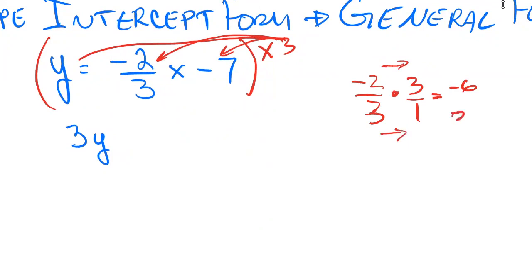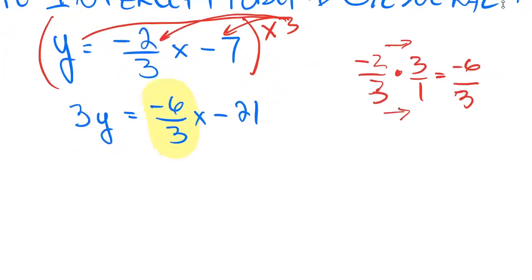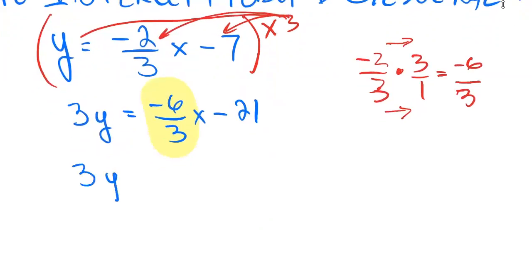So -6/3. So this over here becomes -6/3, x minus 3 times 7, 21. And then, of course, you'll notice that -6/3 reduces to -2. 3y equals -2x minus 21.